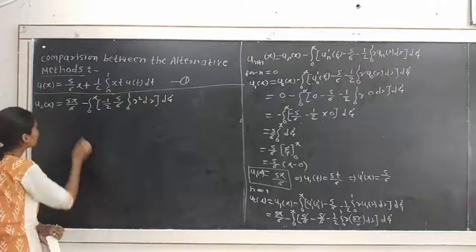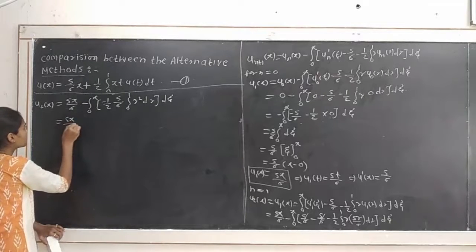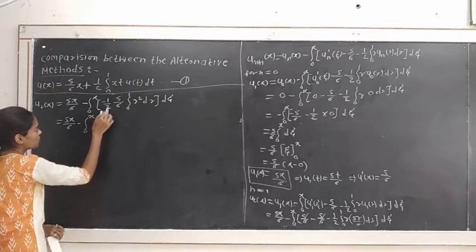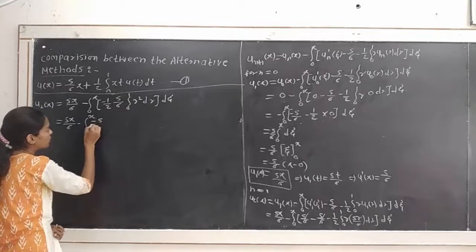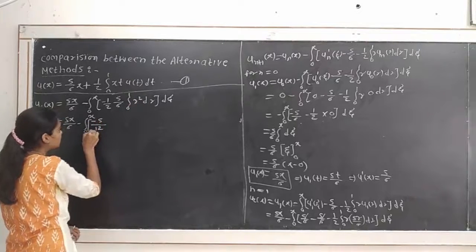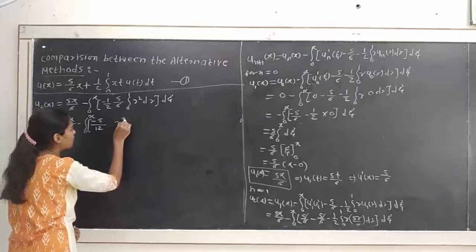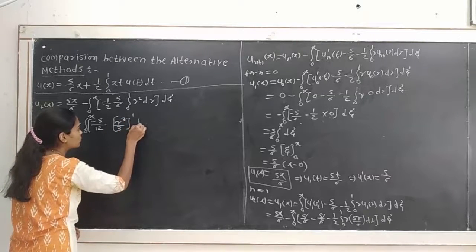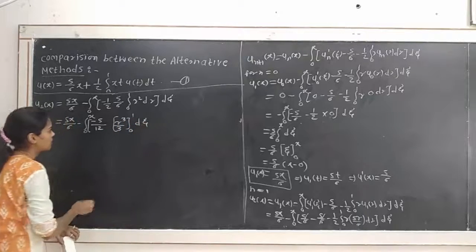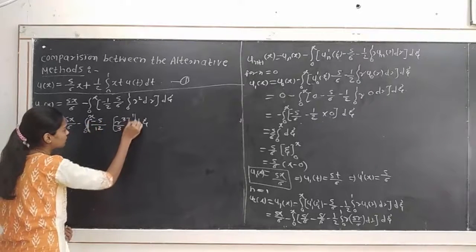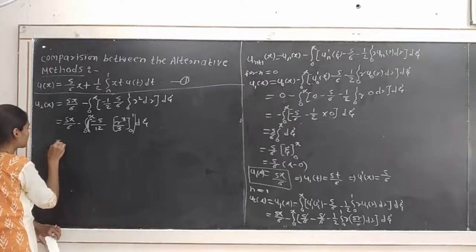So this is equal to 5x divided by 6 minus integration from 0 to x, this becomes minus 5 divided by 12. Then the integration of r square is r cube by 3, limits from 0 to 1, and here will be d psi.